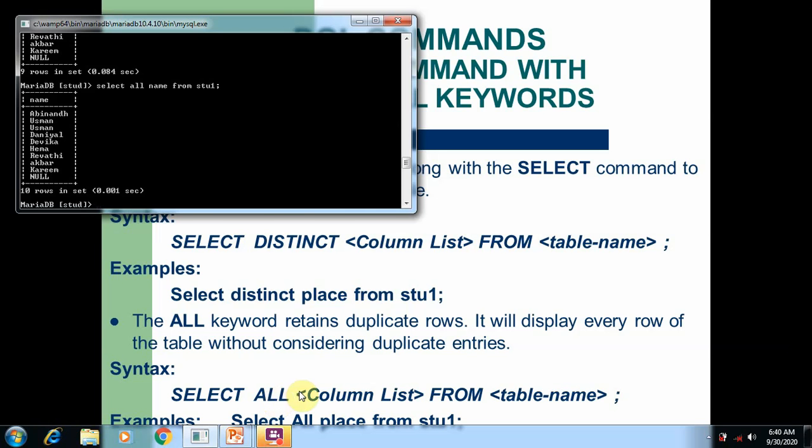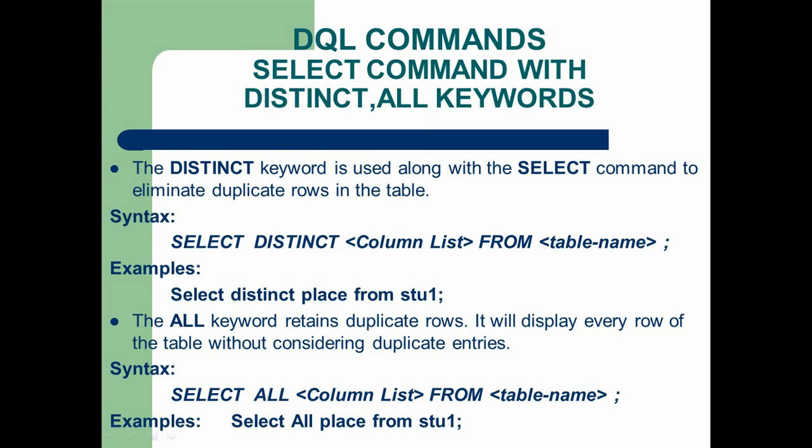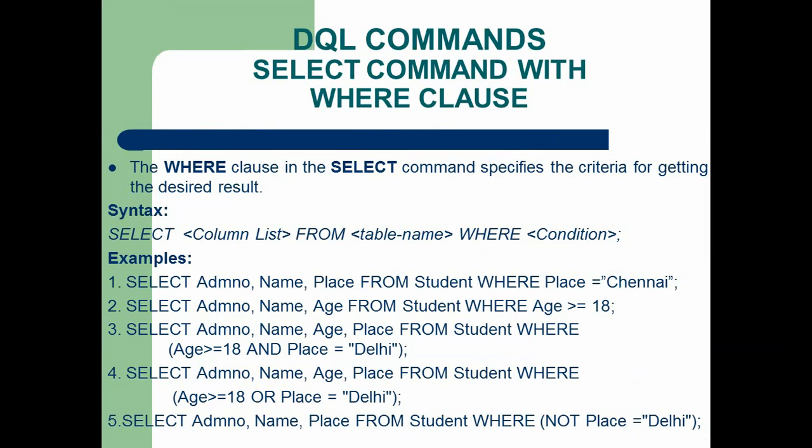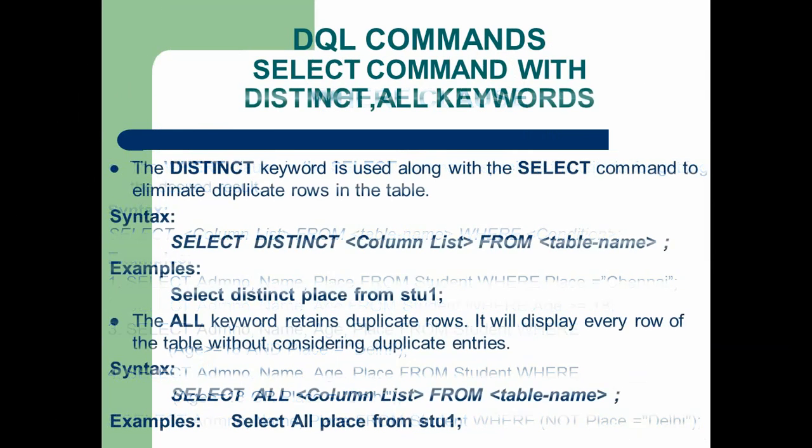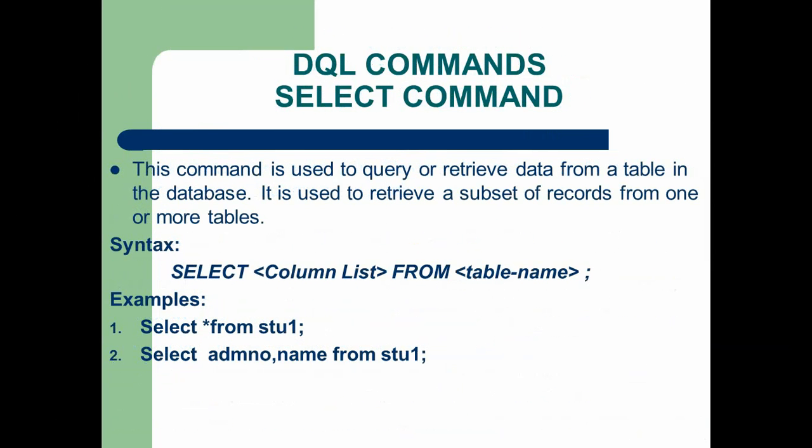So the next command is the select command with where clause. We already saw how to use the select command in the previous topic, where we used it to view particular columns from the table. In this command we display all the columns from the table.